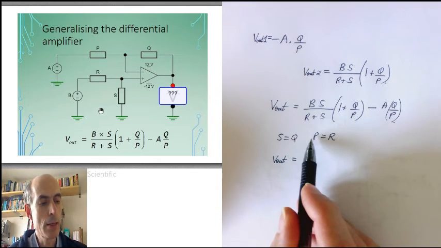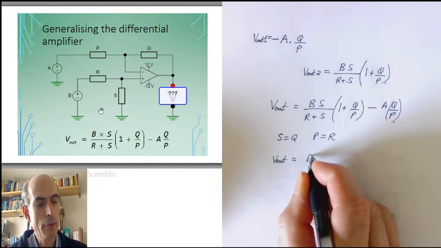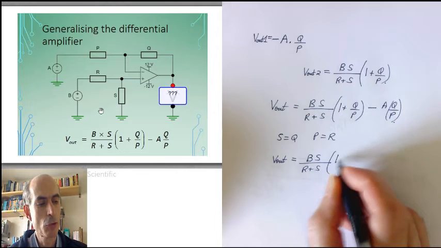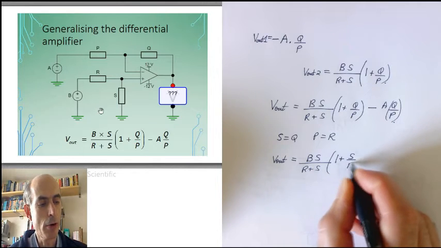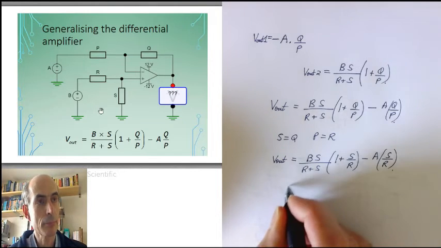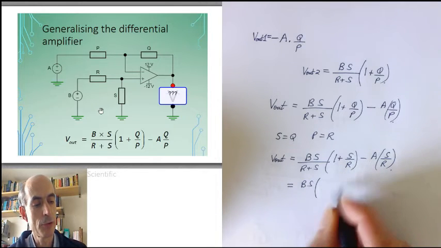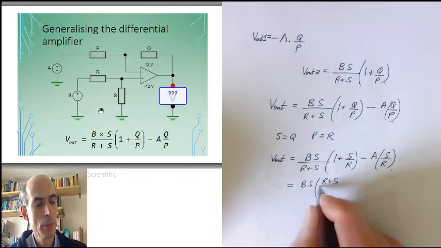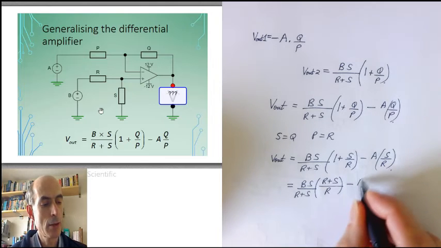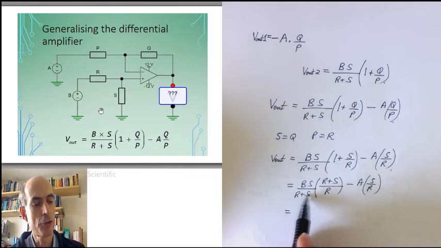Q over P would now just be equal to S over R. So we would have B times S over R plus S times 1 plus S over R minus A times S over R, which is B S times R plus S over R, minus A times S over R, not forgetting the R plus S down there.